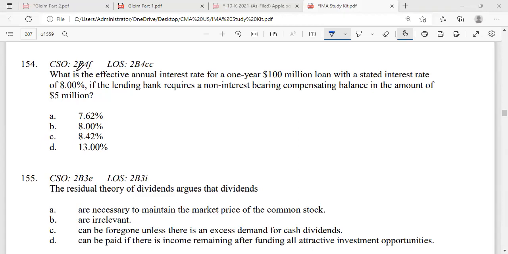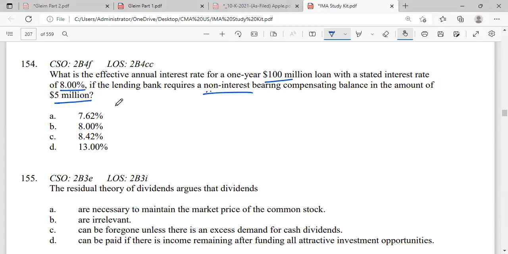Two questions in front of us now. Let us do 154 first and then 155. What is the effective annual interest rate for a 1-year 100 million loan with a stated interest rate of 8%, if the lending bank requires a non-interest bearing compensating balance of 5 million?